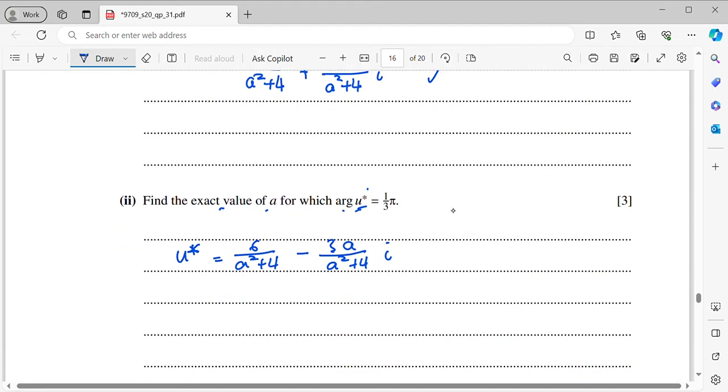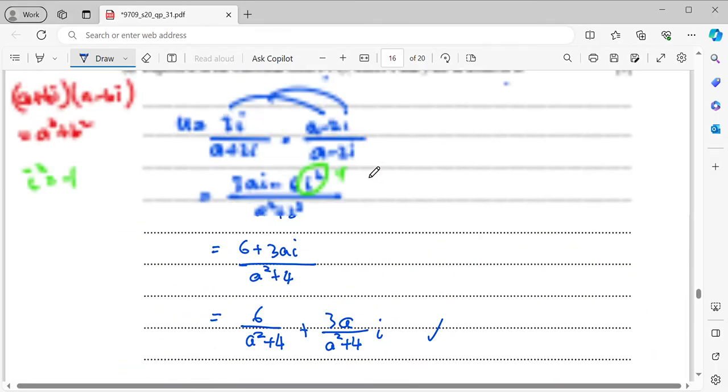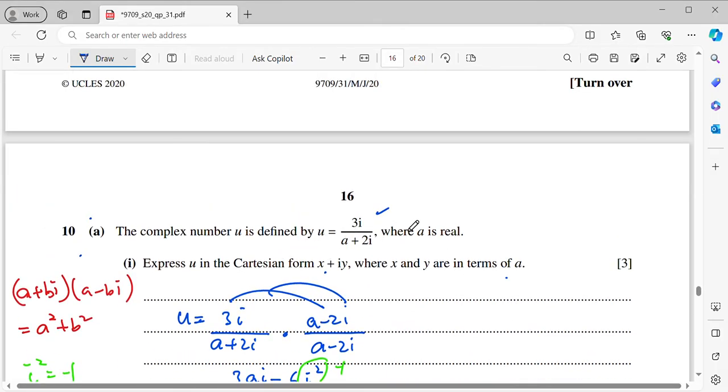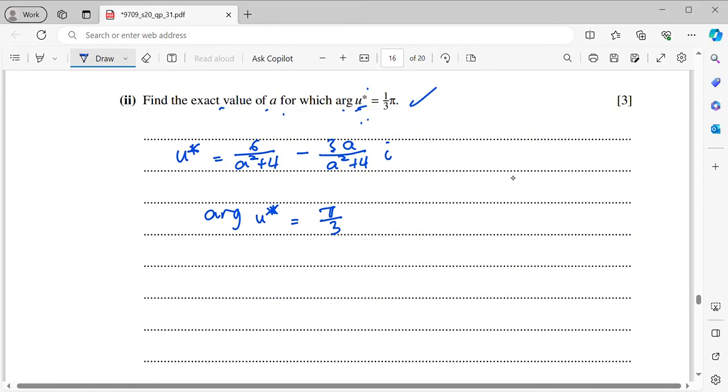Now to get the argument, given the argument of the u conjugate equals pi over 3, a is real. It is the arctangent of the imaginary part over the real part. That will be the argument.